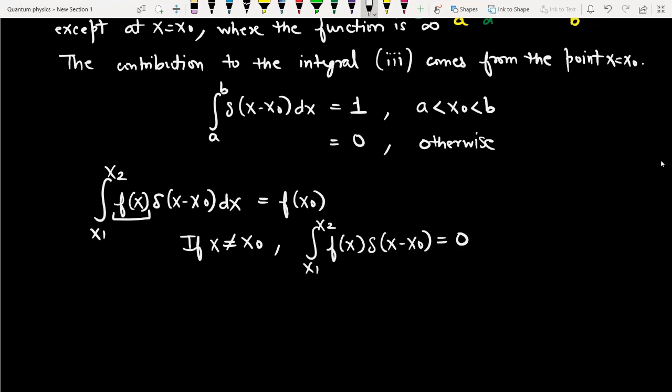So where is this answer f of x naught coming from? Very obviously it is coming from this integral if you put x is equal to x naught. Because what happens if you put x is equal to x naught?